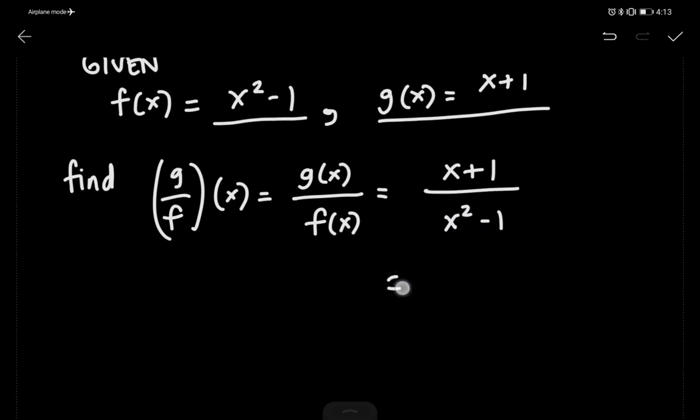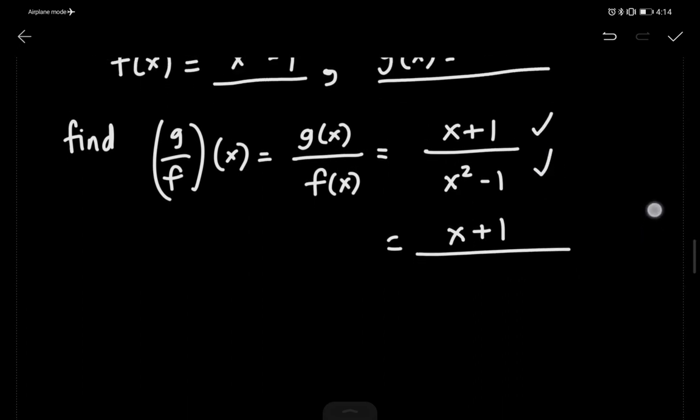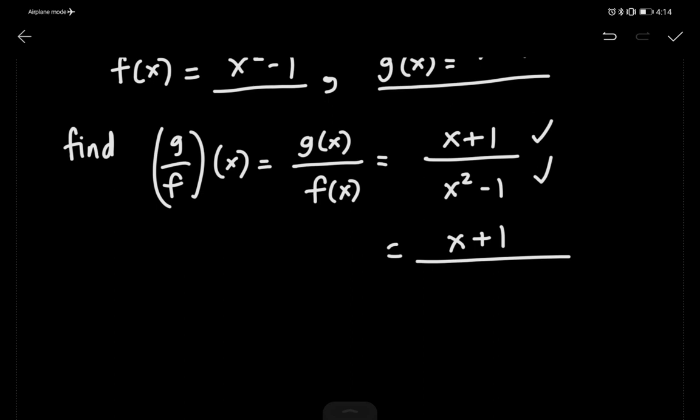So in this case, simplify our numerator. This is in its simplest form already, so we just bring it down. So x over 1. And this one, let us also simplify this one. We know this is in the form of a difference of two perfect squares.